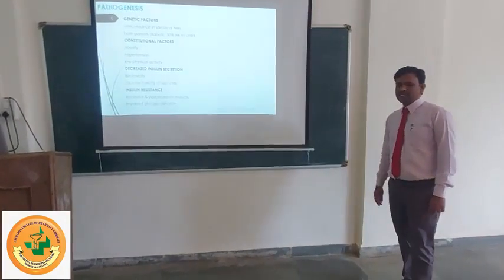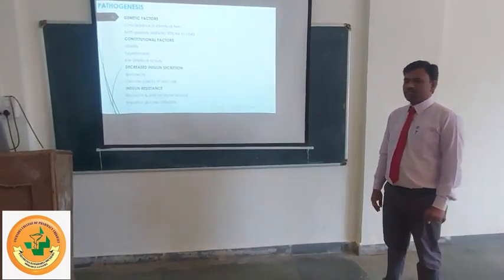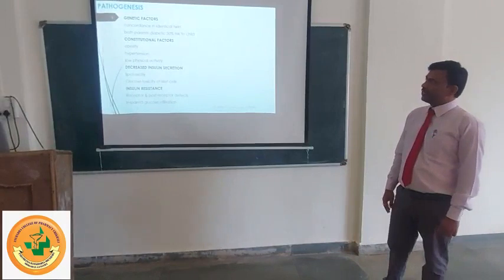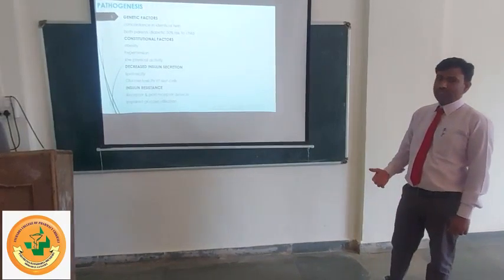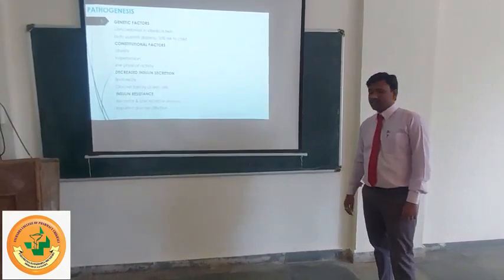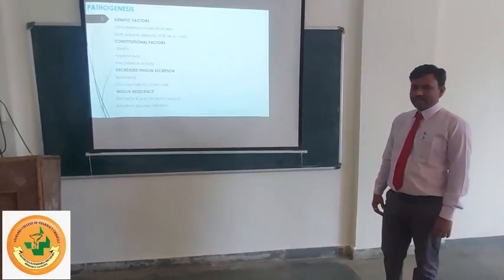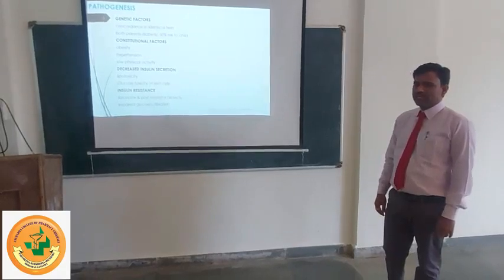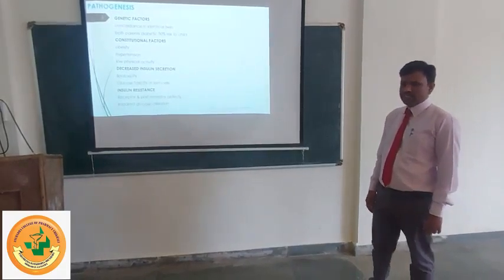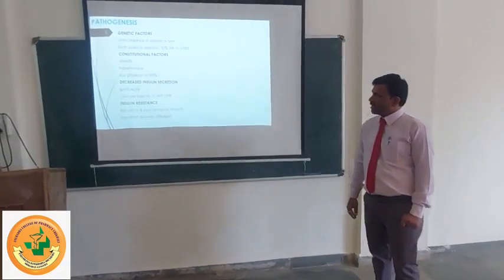Then pathogenesis. How does diabetes mellitus develop? There are different factors on which pathogenesis depends. First is the genetic factor. If the parents have diabetes, their identical twins are more prone to diabetes mellitus.